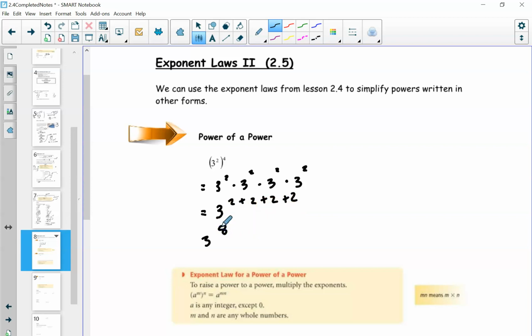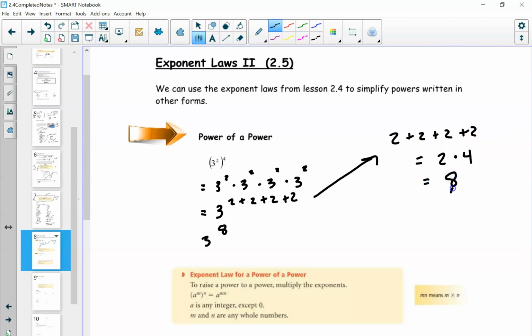So let's look at the exponents that we have. 2, and then we go plus 2 plus 2 plus 2. 2 plus 2 plus 2 plus 2 is really just 2 times 4. There's 4 of them, equals 8.